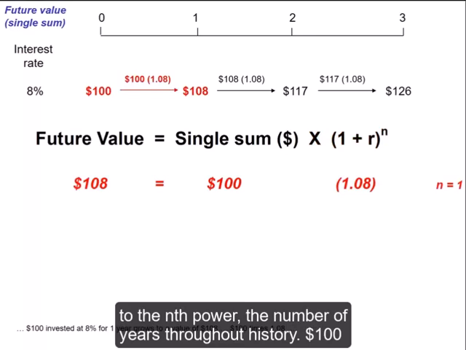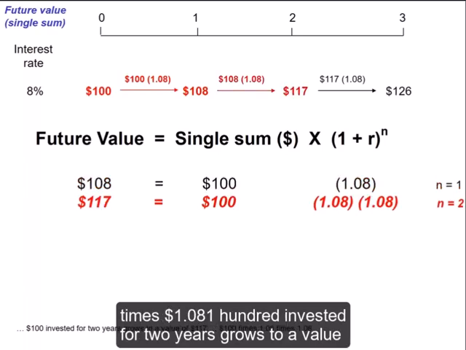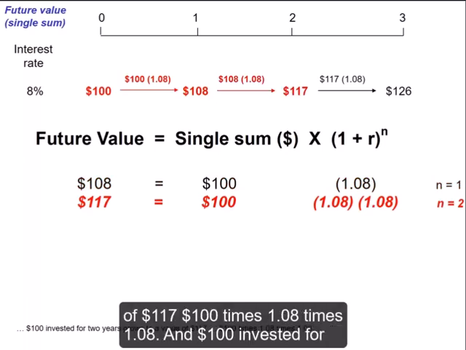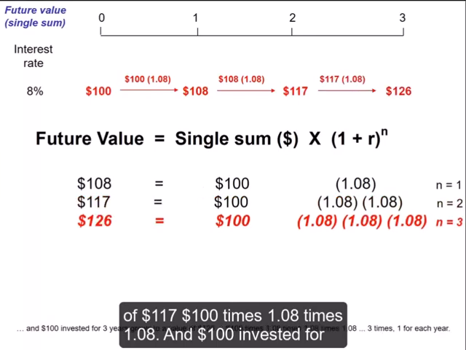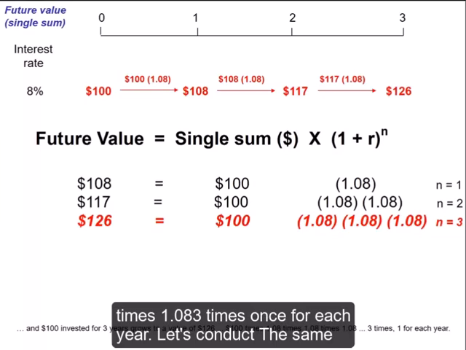To illustrate, $100 invested at 8% for 1 year grows to a value of $108, $100 times 1.08. $100 invested for 2 years grows to a value of $117, $100 times 1.08 times 1.08. And $100 invested for 3 years grows to a value of $126: $100 times 1.08 times 1.08 times 1.08, 3 times, once for each year.